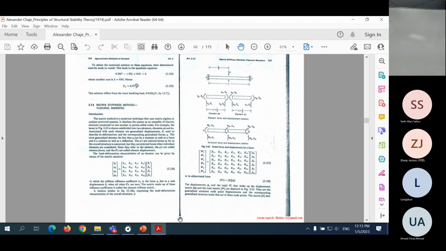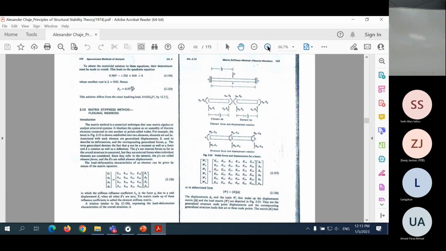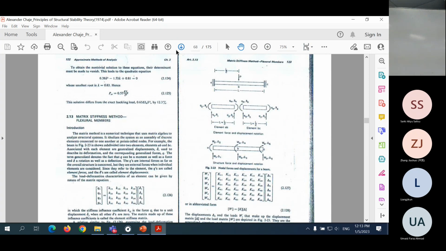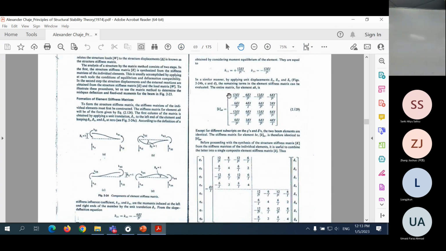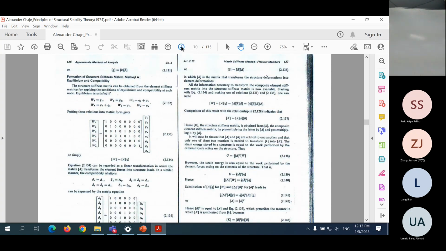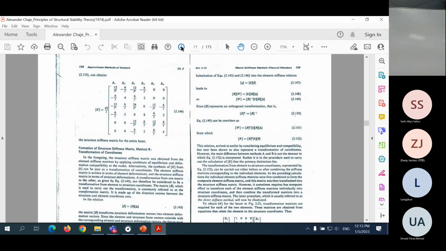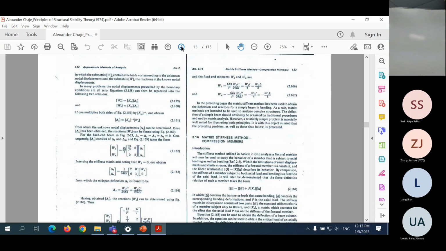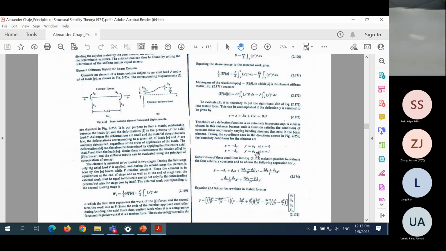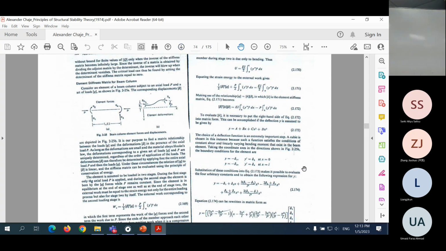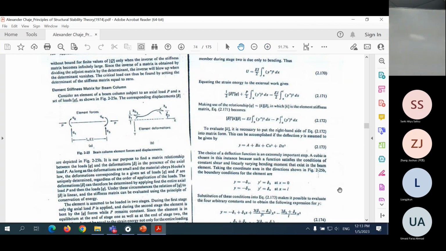Actually it comes from here. Now, this is where it comes from.